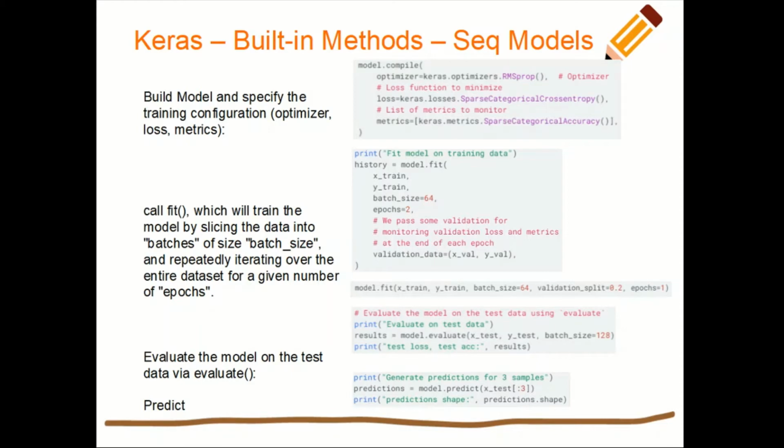Okay, so a model also has methods to save and load back the weights as well. Okay, so more specifically, let's try to see how the built-in methods save a lot of work for us as a developer. Okay, so the first method that we have is model.compile.